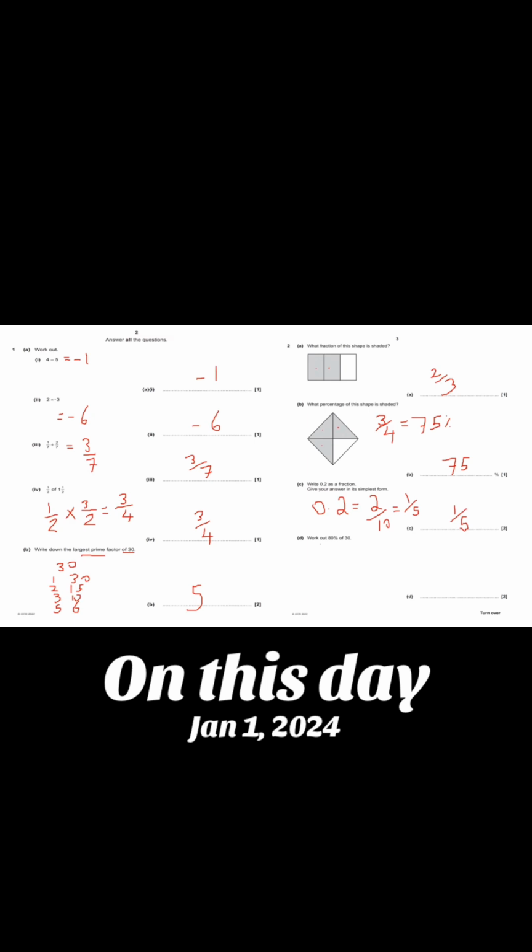Part D: work out 80% of 30, so a percentage of an amount. I'm going to work out what 10% is. 10% of any quantity means I divide it by 10, so that'll be 3. 80% will be 8 lots of 10%, so 8 lots of 3, which is equal to 24.